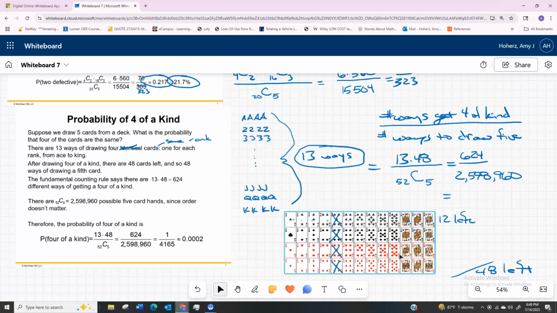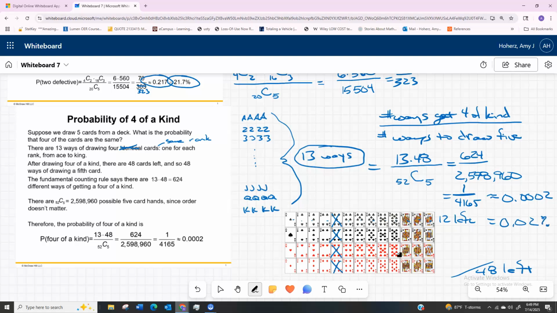All right, so we've got 1 out of 4165, which is about 0.0002. If we want to change that to a percentage, that would be 0.02%.